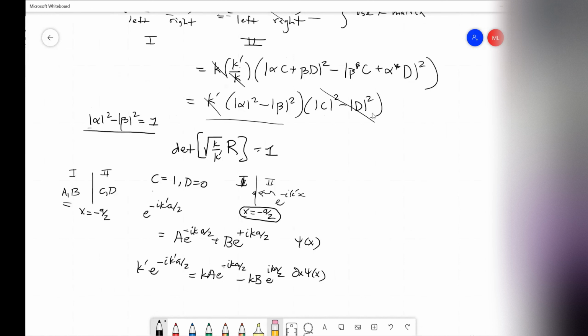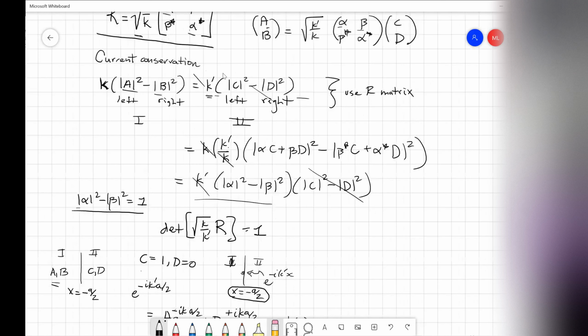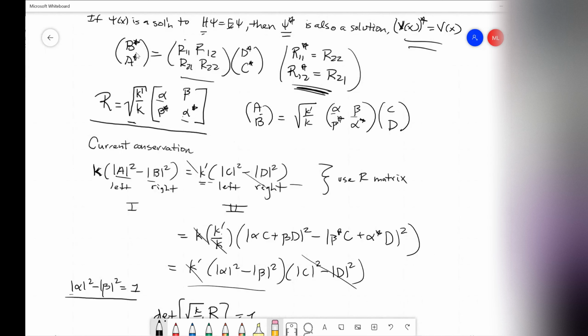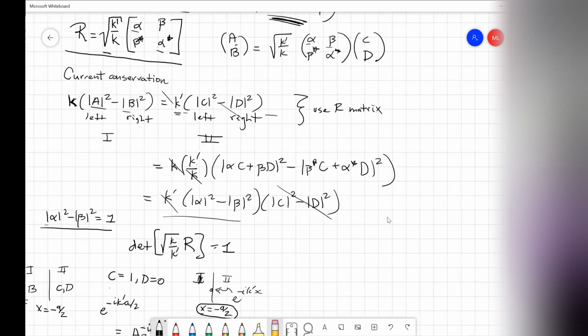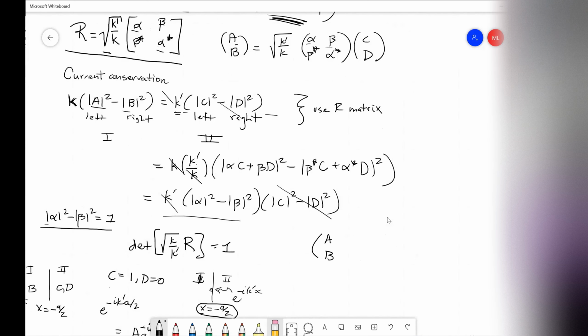Because remember that our R matrix here connects A and B to C and D. So the reason we chose it is now what do we know? We know that A and B, acting with this R matrix.